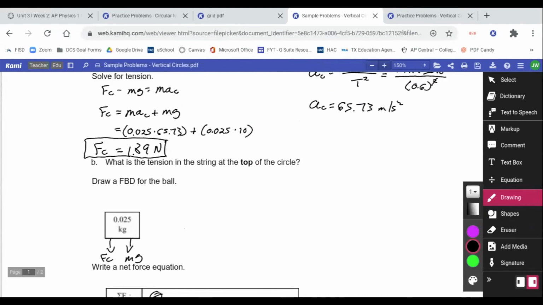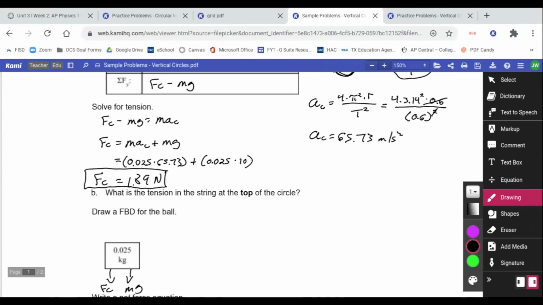Let's scroll up to where we did our work. We solved acceleration by saying 4, okay, that's not going to change, times pi squared, that's not going to change. The radius of the circle is still the same, and the period is still the same. So our acceleration is the same, because it's still 2 pi r over t, all that squared, divided by r.